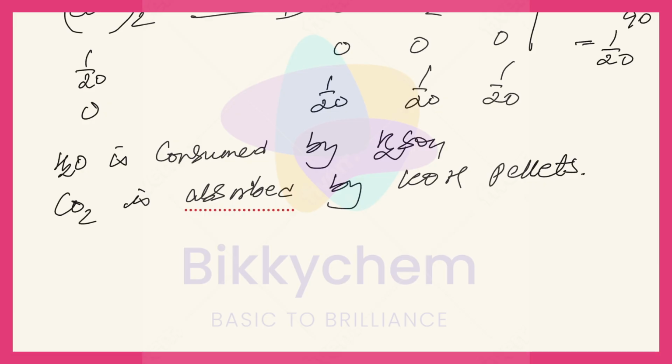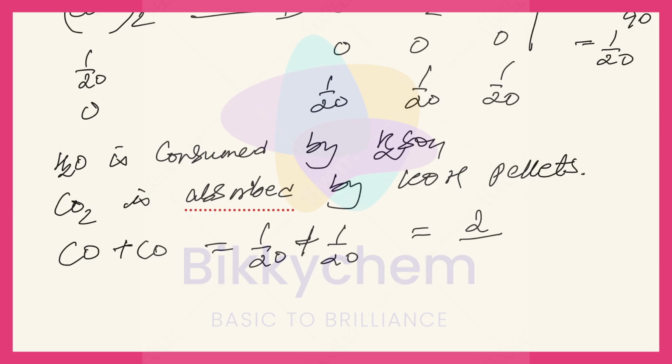So only the remaining, in both the cases, is CO, both the CO, which is 1 by 20 plus 1 by 20, that is 2 by 20, which is 1 by 10. Okay, so this is one value.